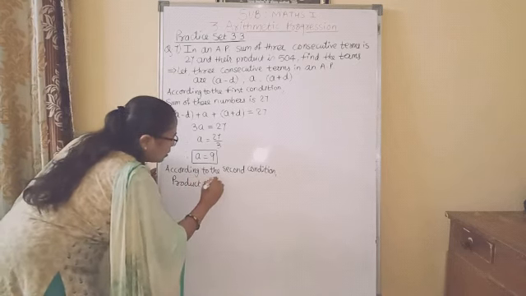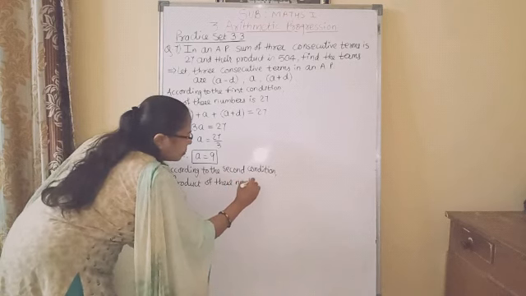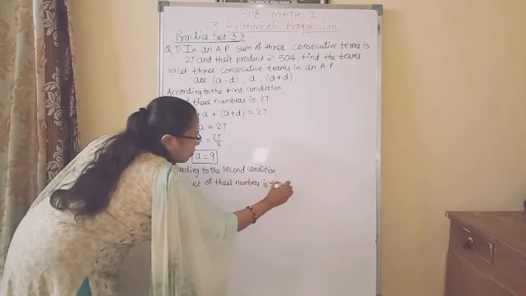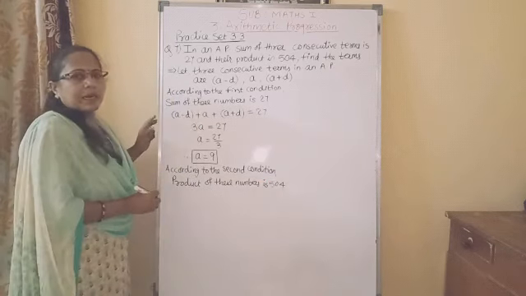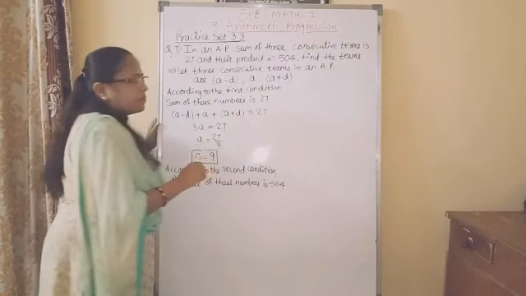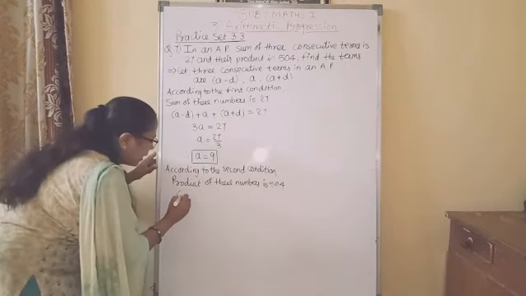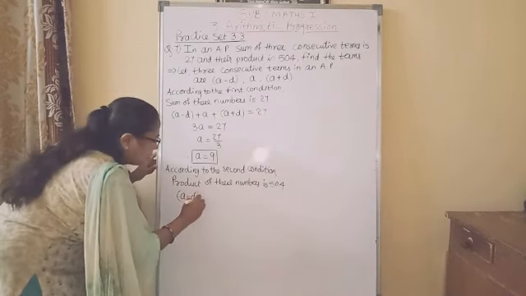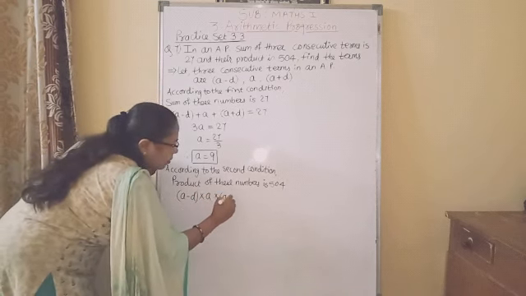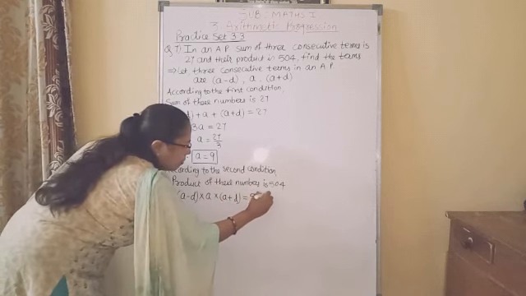The product of these numbers is 504. Now which numbers? A minus D, A, A plus D. So we will arrange these numbers in the form of a product. Bracket A minus D into A plus D is equal to 504.